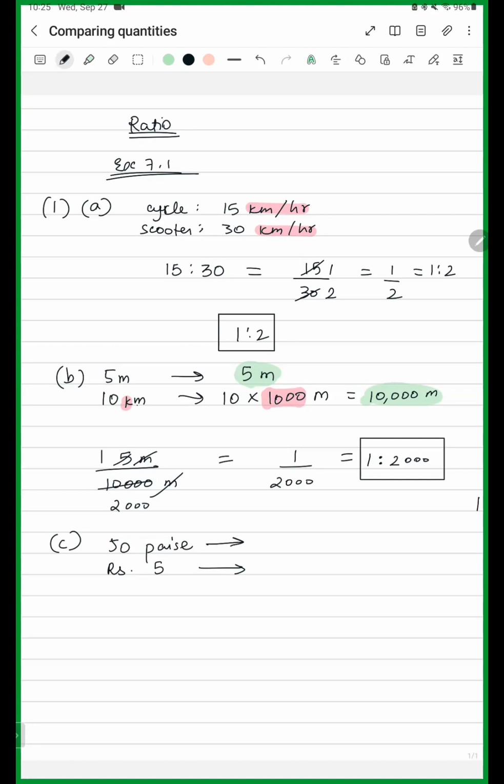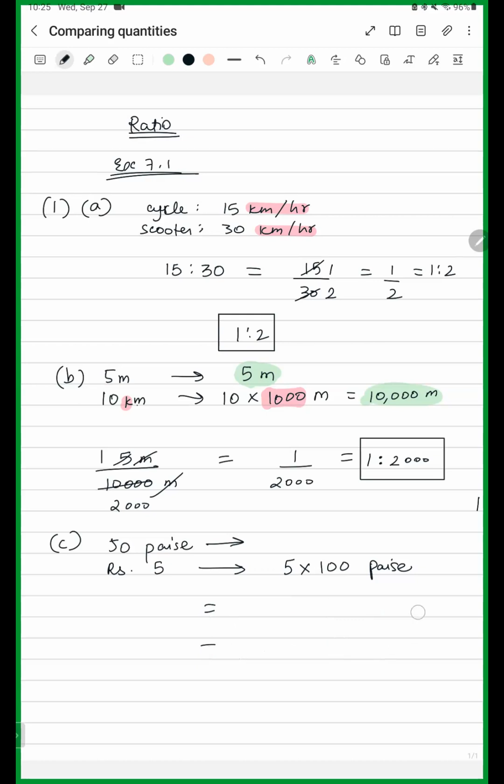So rupees 5 into, you have to convert it into paise. It will become 5 into 100, because 1 rupee is 100 paise. So 5 rupees is 500 paise.